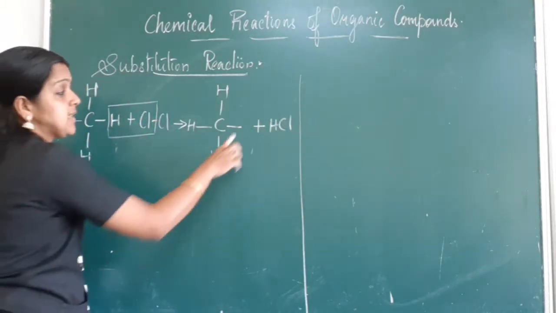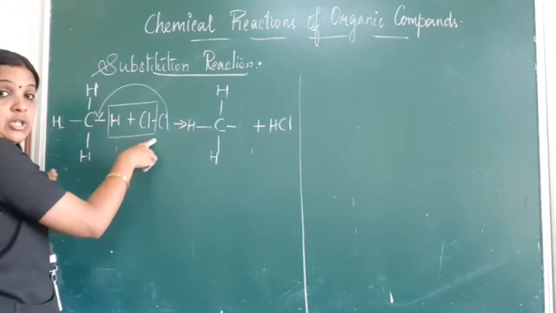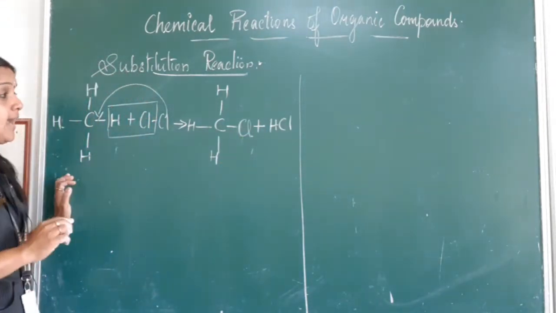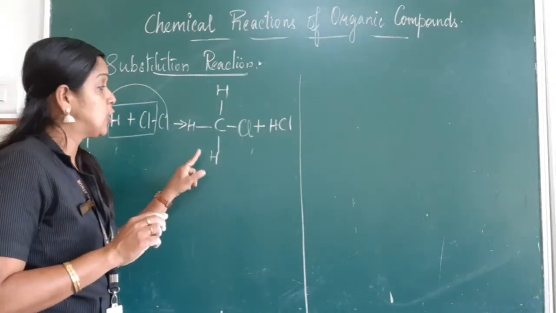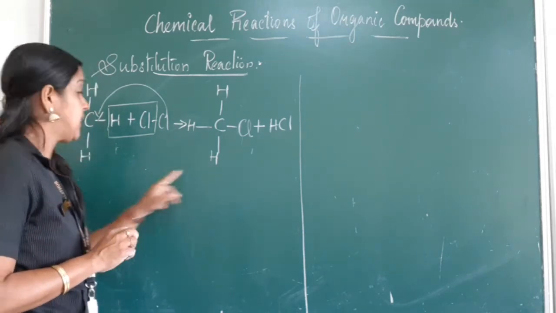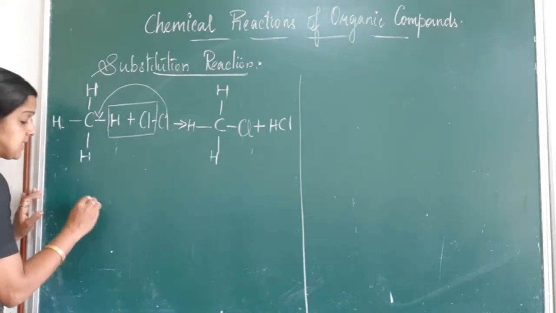So what happens? This place is vacant and this will be occupied by the chlorine atom. So the hydrogen is replaced by a chlorine atom. So this is called chloromethane, or you call it methyl chloride. So methane becomes chloromethane.